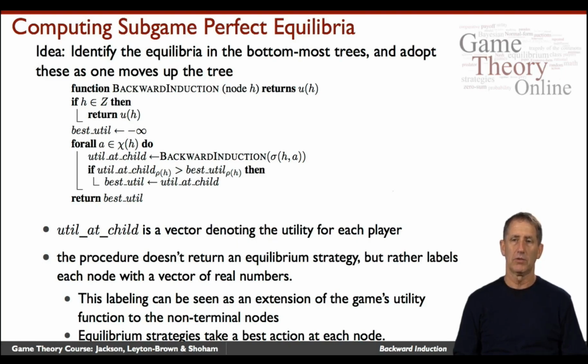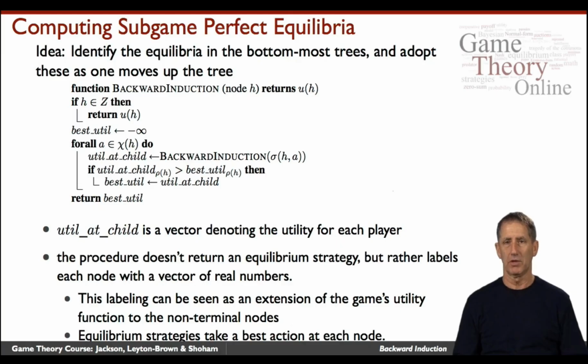What we're trying to do is associate a value of the game not only with leaf nodes. With leaf nodes, we know what the value is. It's simply defined by the payoff vector associated with the leaf node. It's part of the game definition. But suppose we want to go to the root of the node or any other internal node and say, so what really is the payoff associated here, assuming that agents will play a subgame perfect equilibrium?